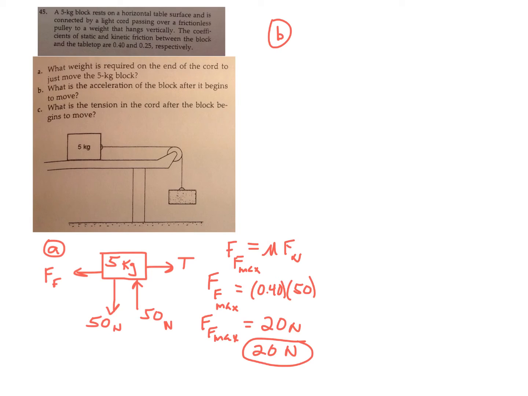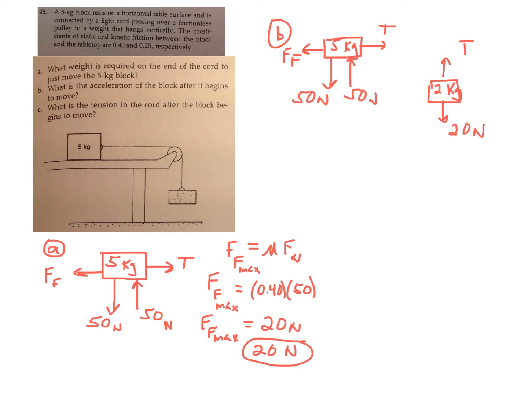But once it starts to accelerate, you have to draw new free body force diagrams like this. We had a problem like this before, but that was a simple one with no friction. But we have the 5 kilogram mass. So here's the free body force diagram for each of the two blocks in part B. Once again, in part A, when nothing is moving, the hanging block, which was 20 newtons, would have a tension above it of 20 newtons, and the string itself has an equal tension everywhere, so the force of friction was 20 newtons.